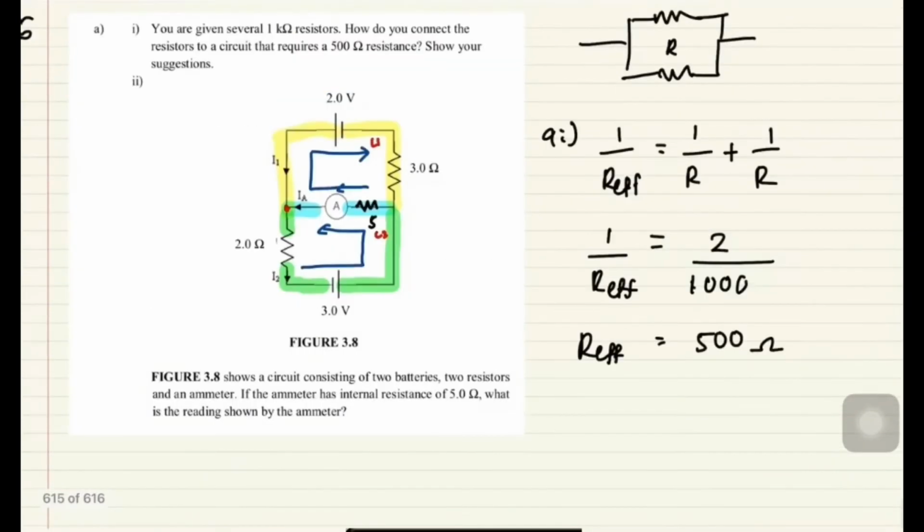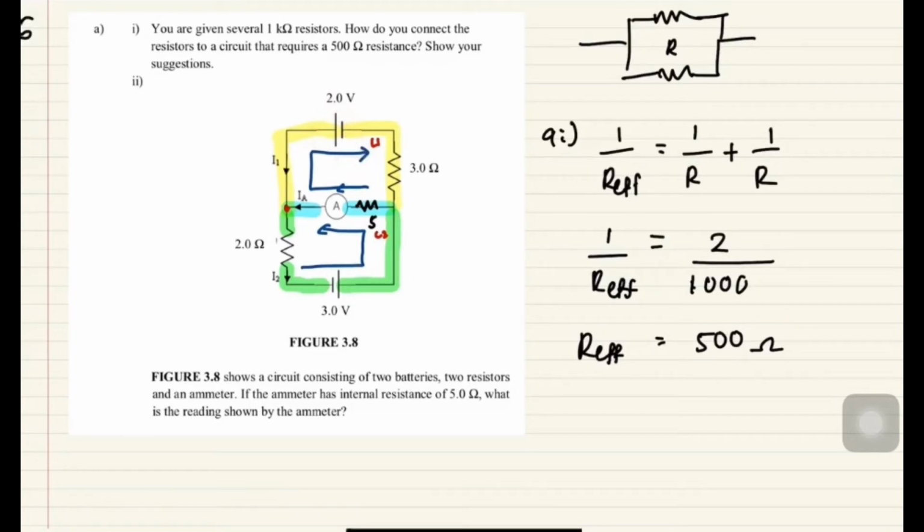The second equation, loop 1. Loop 1 ni kamu ada satu EMF, ni EMF dia saja nak baca je. Satu EMF ada dua resistor, 3 dengan 5 tu. EMF ni negatif 2 sebab dia keluar daripada negatif terminal.